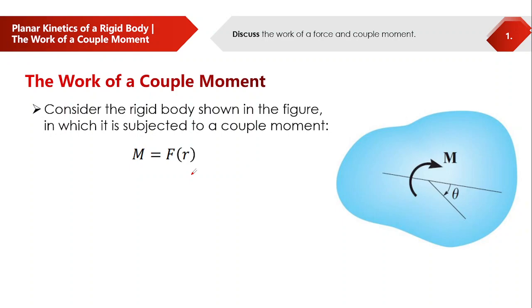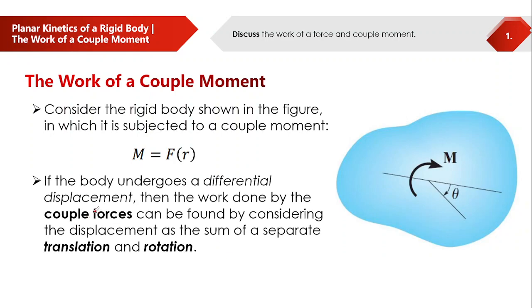Di ba? That is generally the formula, basta, ganun kasimple mag-compute ng moment. I-multiply mo lang yung force tsaka yung moment arm niya away from that point, no? So that will be your moment. So that will be M is equal to F times R.